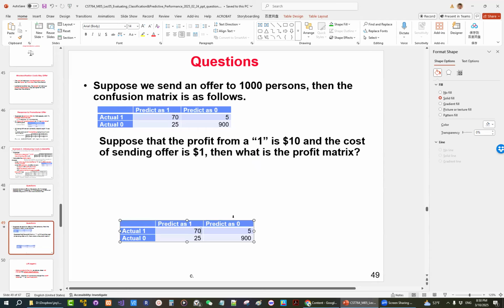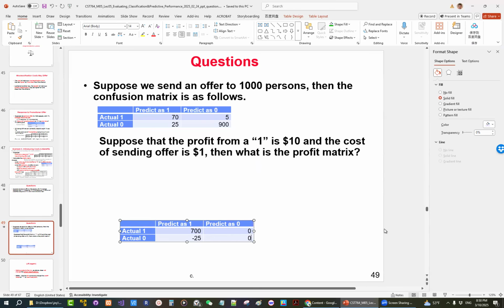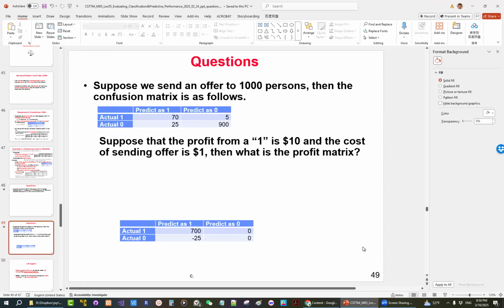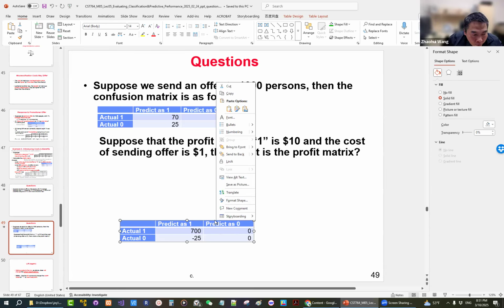Yeah, right. And then the cost for 700 sending an offer costs the company $1, so that would be negative 25. Everything in the zero column will be zero. So 700 minus 25 is 675. Oh, 725?